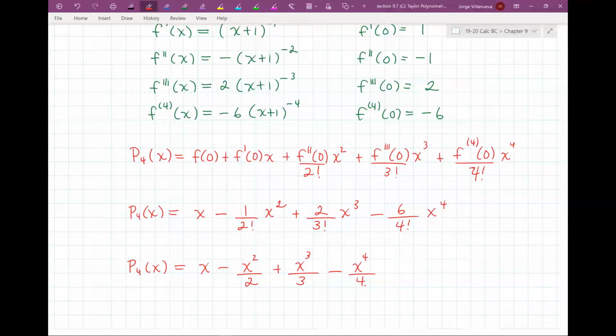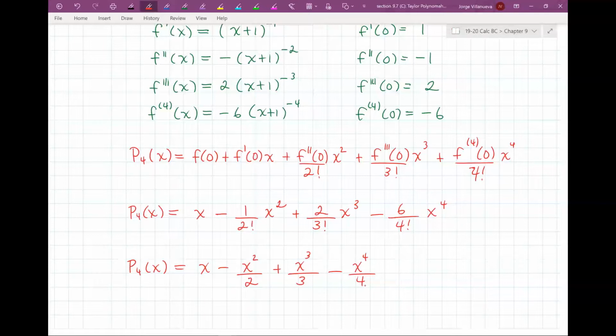If they were just to have told me create a 4th degree Maclaurin polynomial for the function ln of x, well, I just did it for ln of x plus 1, but it's pretty much the same idea. It's going to be like this because I can't do x, because if I start at 0, then I can't plug in a 0. It doesn't let me.